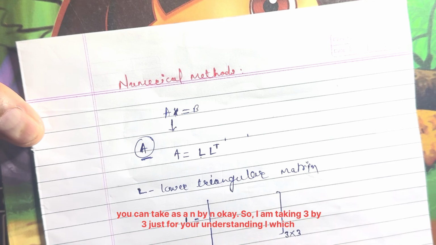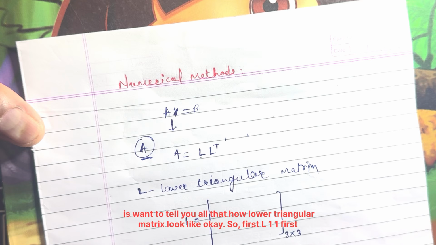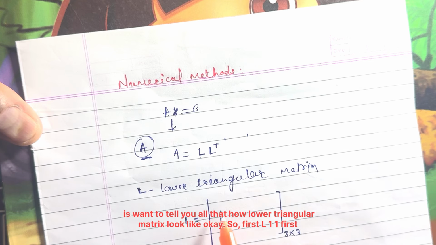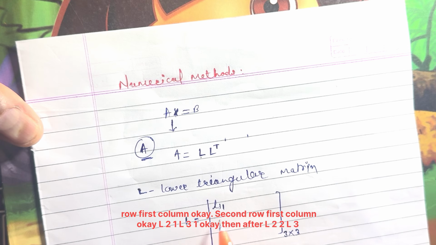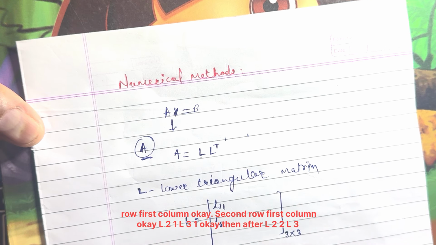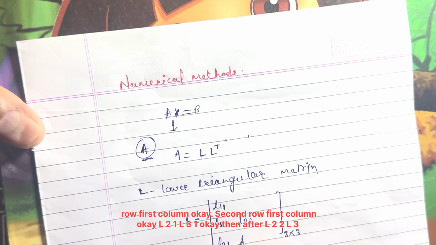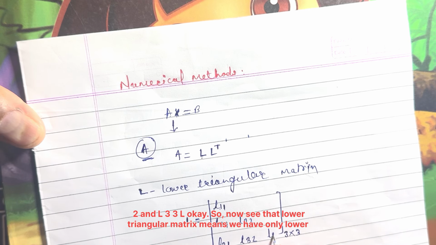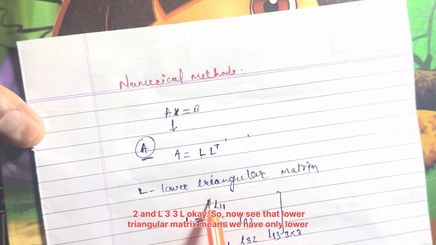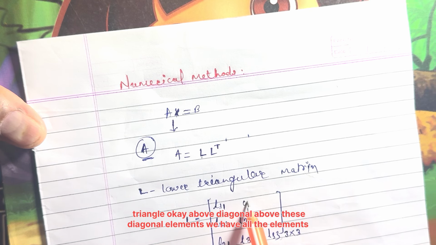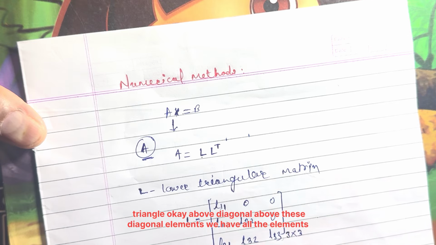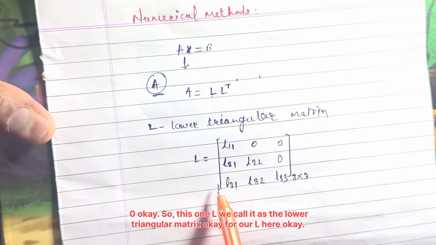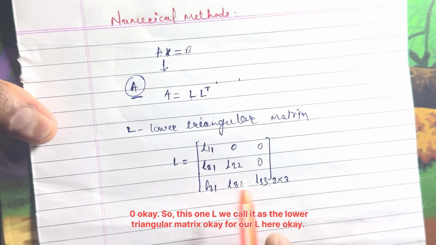First row: L11. Second row: L21, L22. Third row: L31, L32 and L33. So a lower triangular matrix has only the lower triangle, and above the diagonal all elements are 0. This L we call the lower triangular matrix.